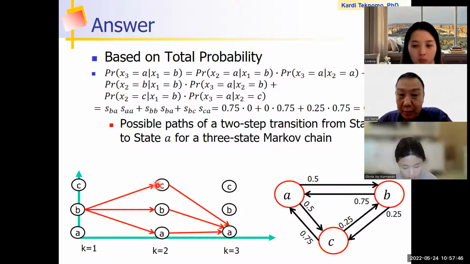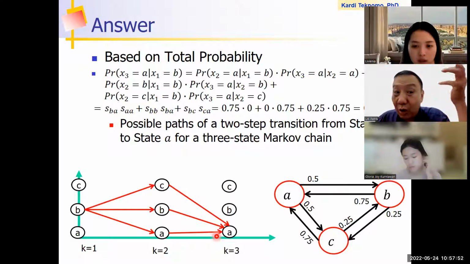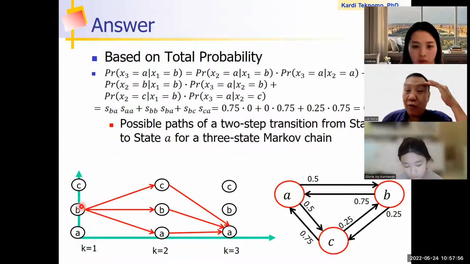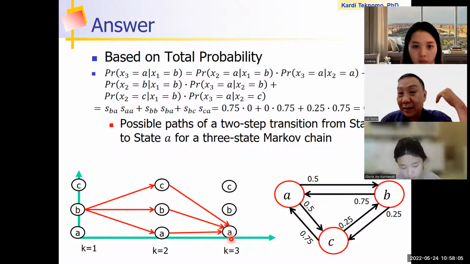Tomorrow can be B, A, or C. And then for the next day you want to know the probability of being in A. In that case, you find all the paths. What is the probability of this path plus the probability of this path plus the probability of that path. That's exactly what we are doing here. This is called total probability.